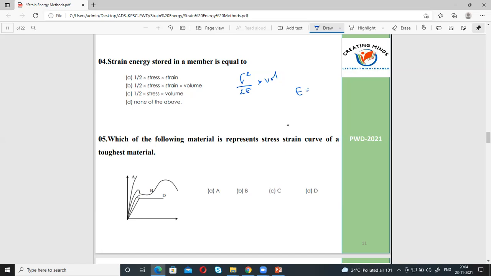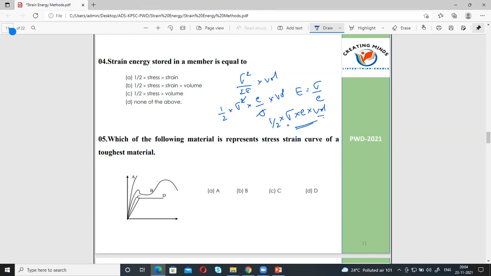E is the ratio of stress over strain. Take sigma square separately; E becomes sigma by strain in the denominator, so one sigma term gets cancelled. What's remaining is half into stress into strain into volume.